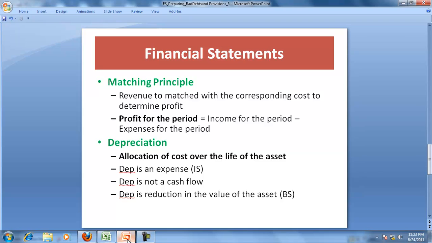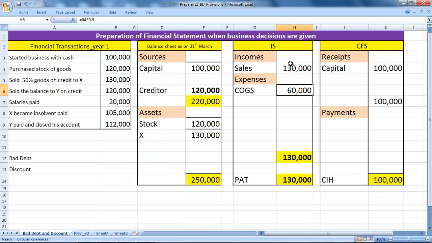So the revenue here should be matched with the corresponding cost, that is 60,000. And if 60,000 of stock has gone down, then the value of this stock on the balance sheet should also come down to the extent of 60,000. The stock has come down.